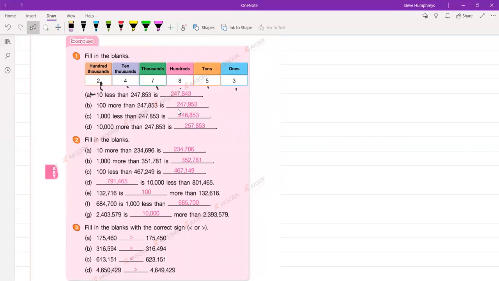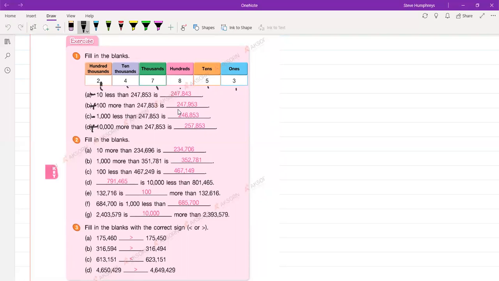Okay. 100 more than, add 100. C, 1,000 less than, subtract 1,000. And D, you're going to add 10,000 to 247,853.